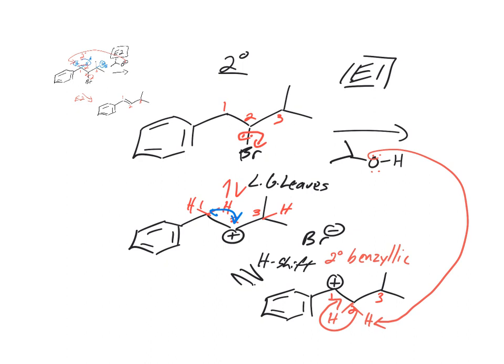Do that E1 reaction. What's the product going to be? So here's E1. We're actually going to get the exact same thing we got for an E2 reaction. 1, 2, 3. The conjugated pi bond. Different mechanism though.